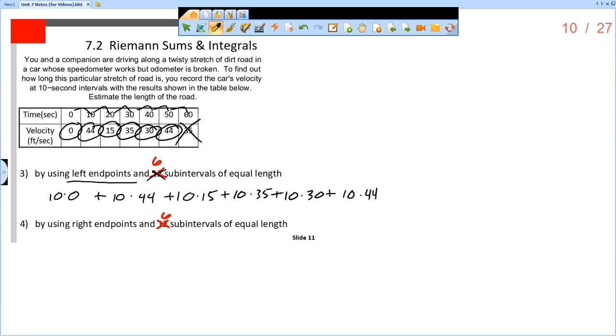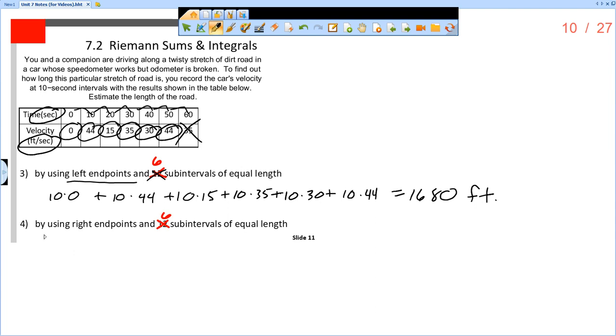So 44 plus 15 plus 35 plus 30 plus 44, right? Which gives us 168, and then times 10, of course, so we get 1680 what? Well, what did we do? We multiplied feet per second times seconds, right? So this is an amount of feet. So this is how far the car has traveled during that 60-second interval.